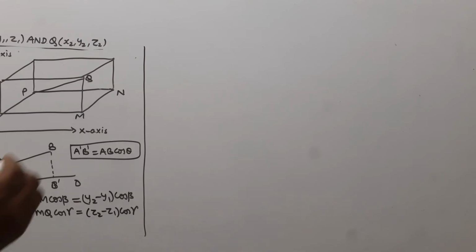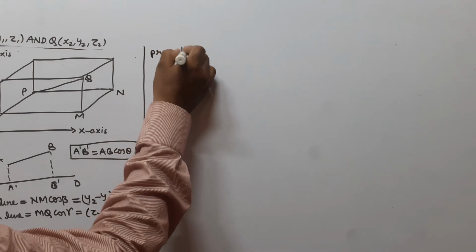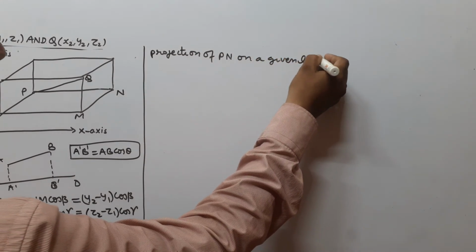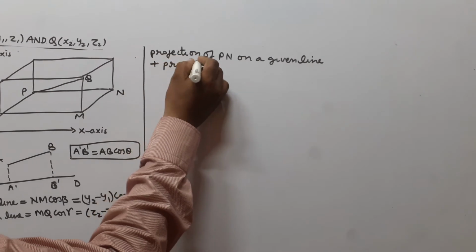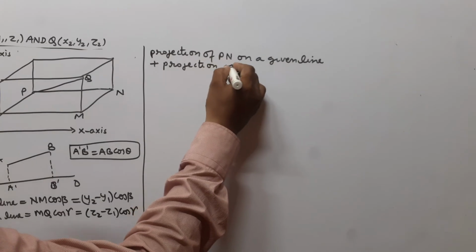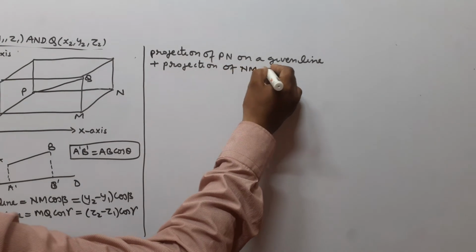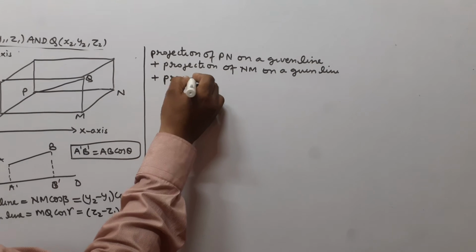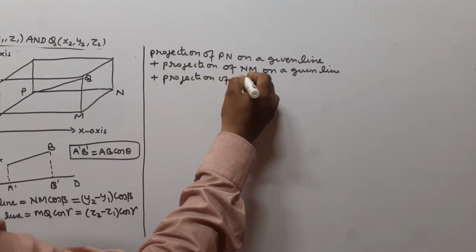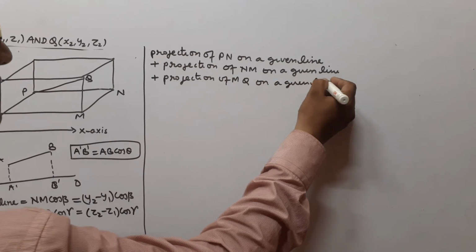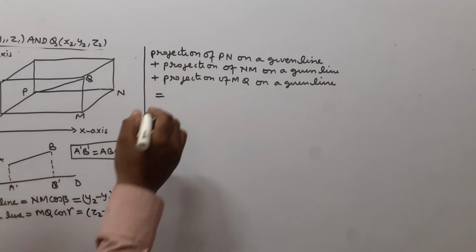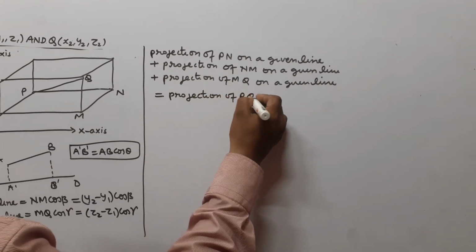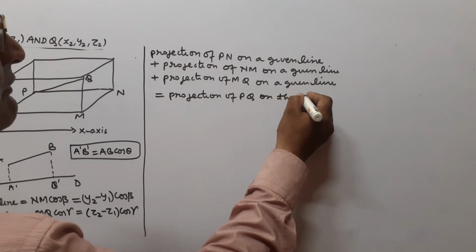So here the projection of PN on a given line plus projection of NM on a given line plus projection of MQ on a given line is equal to the projection of PQ on the given line.